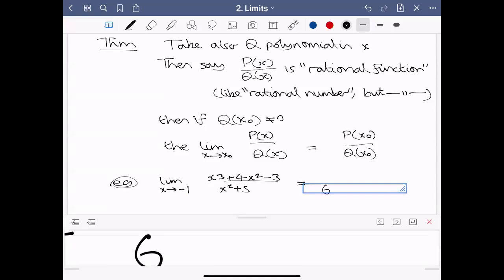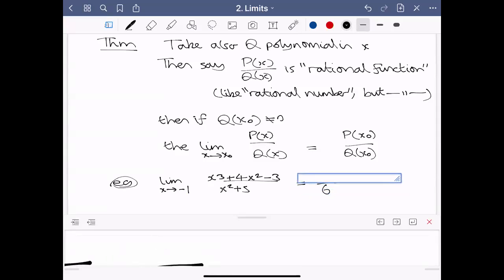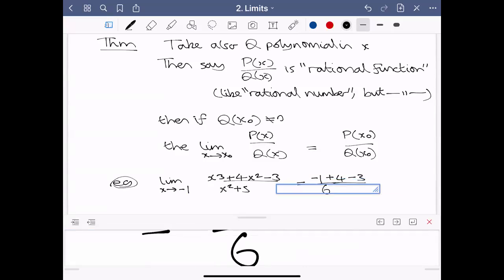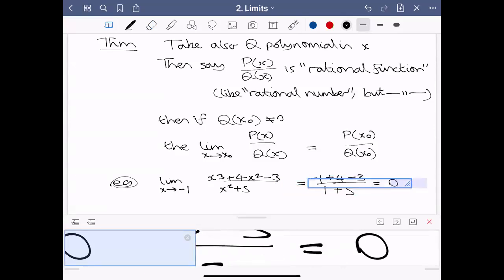You can see it's 6. Then we can write down the limit using the theorem, and what's the value of the top? That's -1 plus 4 minus 3. The 6 comes from 1 and 5, but this is 0. Okay, question?